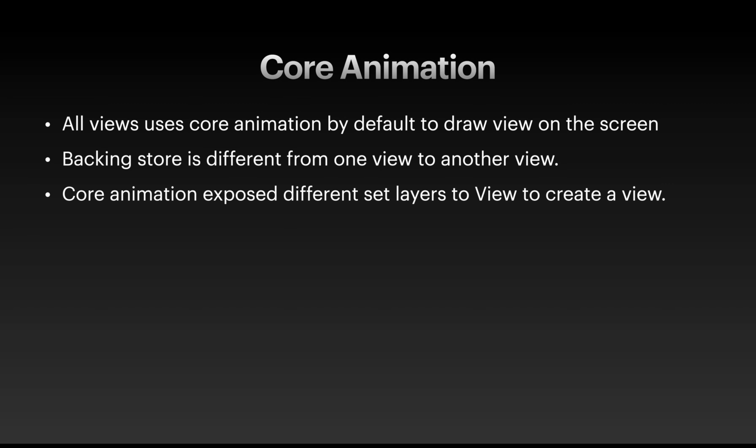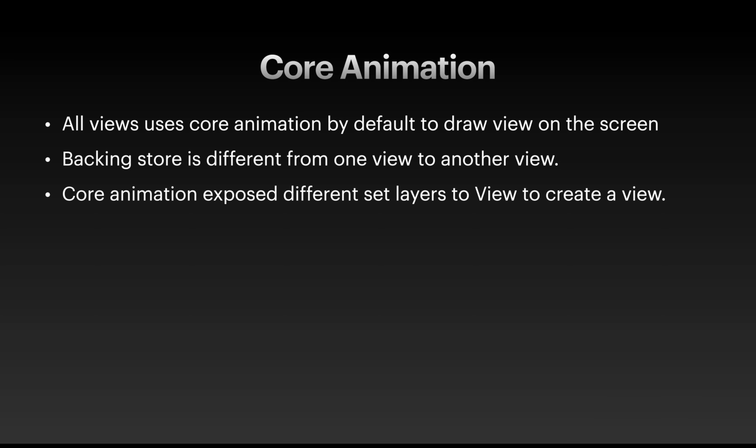So the Core Animation framework has defined some interfaces to graphic hardware, which actually communicates with the graphic hardware to do the animation. Those interfaces are exposed to the UIKit framework.